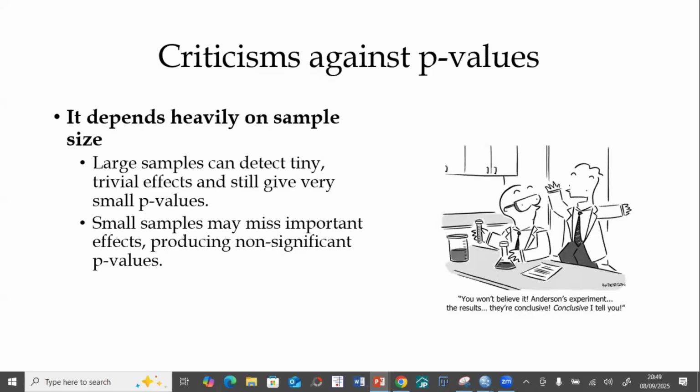However, in situations where you study very small sample sizes, you can miss subtle differences between groups. And therefore, you might end up with non-significant p-values. Not that there was no difference in the first place, but because of the nature of the sample, the size and the representativeness of that sample. And that's one of the criticisms against p-value. It's largely influenced by sample size.